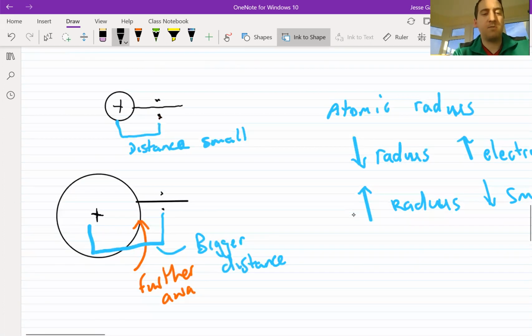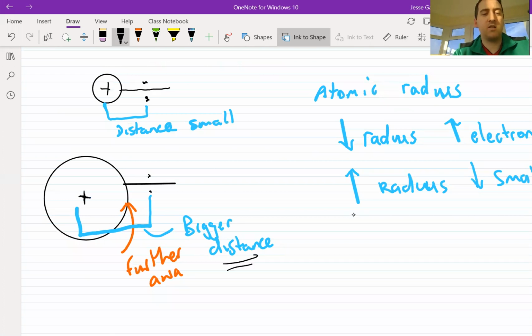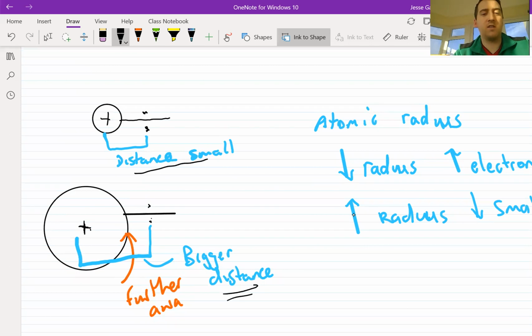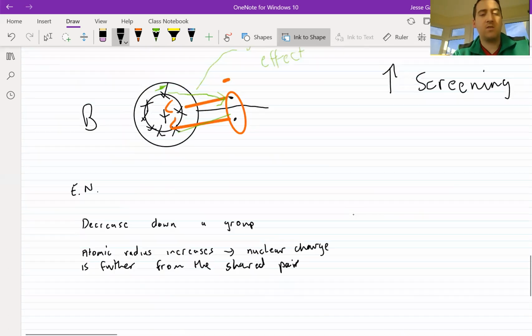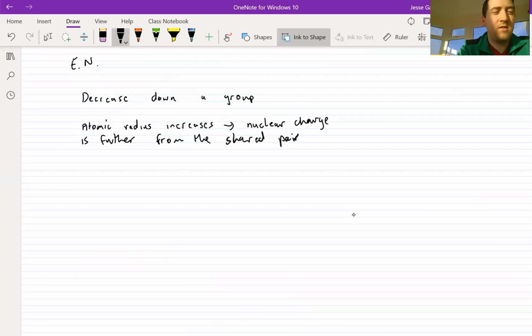Okay, so when the atom gets bigger, there's a bigger distance between the nucleus and the shared pair. When the atom is smaller, the distance is small, and the effect is that the electronegativity is higher. The nucleus pulls the electrons more strongly. So that's reason number 1.